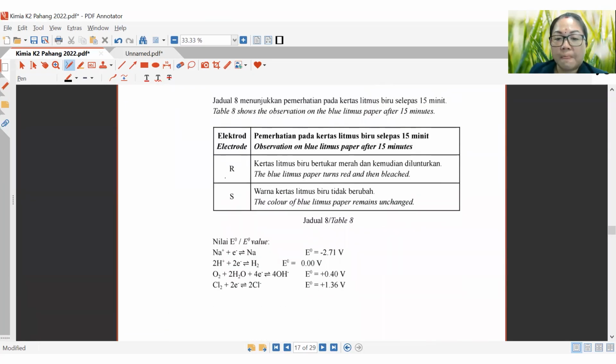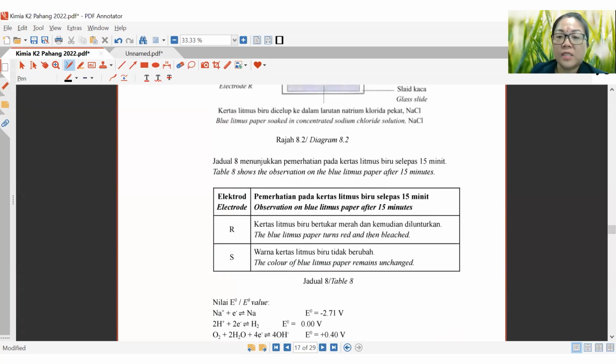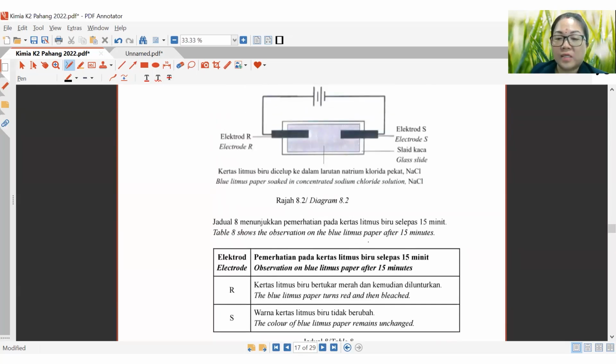All right. Now, so in R, it actually got bleached. But in S, the color of blue litmus paper remains unchanged. So how do we explain that? So firstly, hydrogen gas is produced at the electrode S, while chlorine gas is produced at electrode R. This is more like electrolysis, actually.